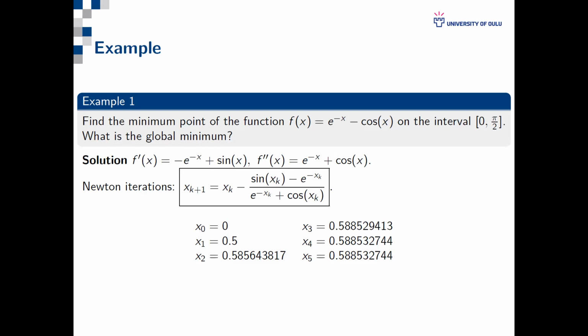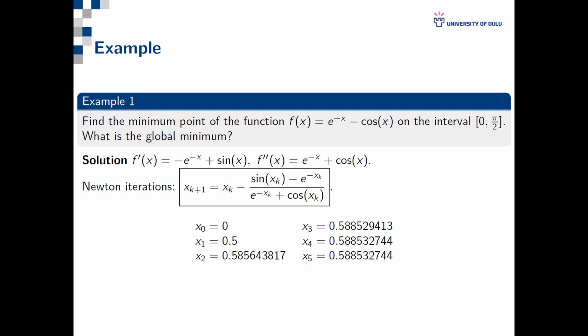Because the derivative function is continuous, negative at one end of the interval and positive at the other, there must be a zero somewhere. So there is at least one point where the derivative vanishes. Of course, at this point, we don't know if it is a minimum point, a maximum point, or a saddle point. But for that, we compute the second derivative.